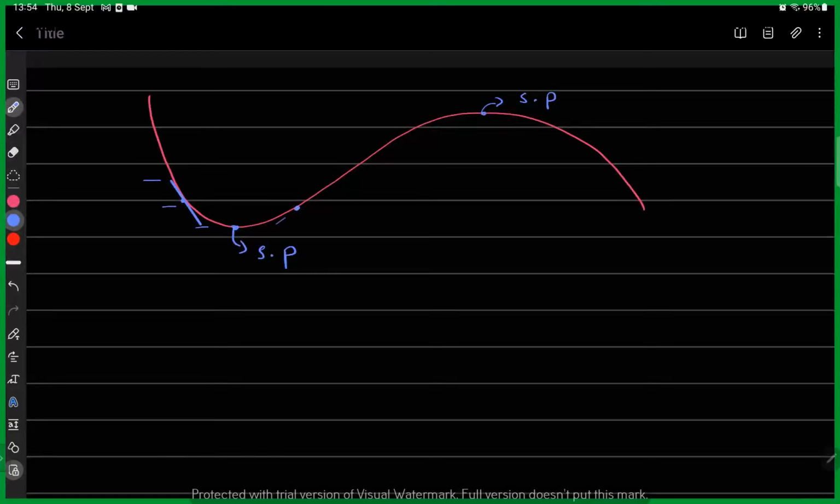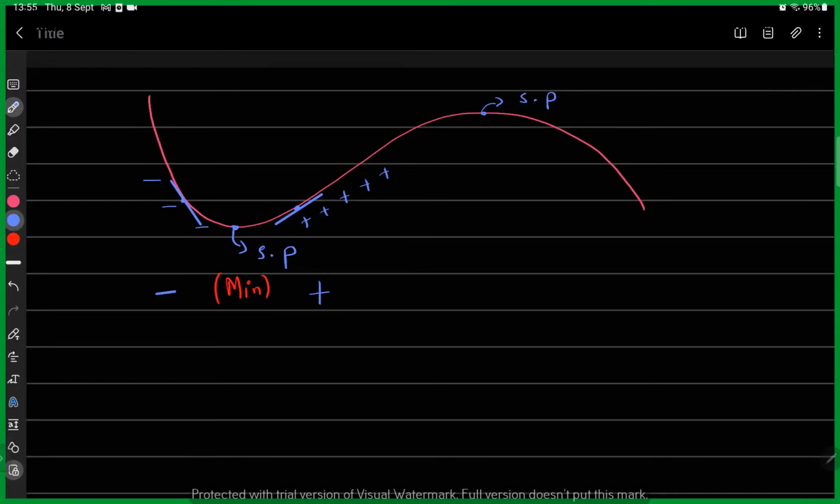Again, if I make a line, very good. It's going upwards. So it's positive. Perfect. So this is the minimum point, and before the minimum point, my gradient is negative, and after the minimum point, my gradient is positive.